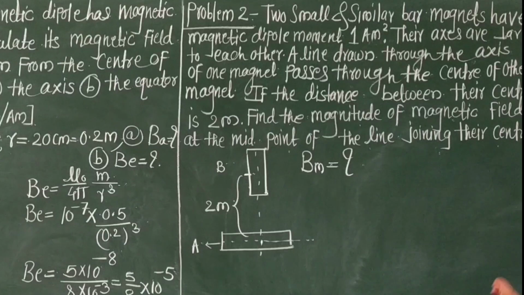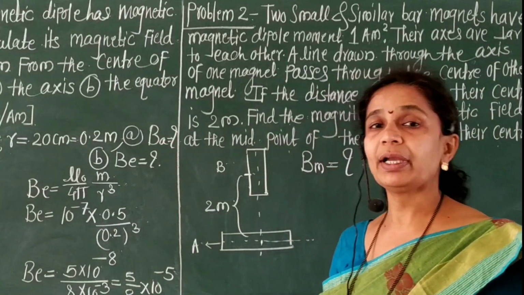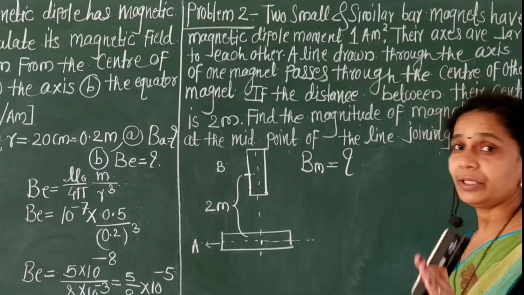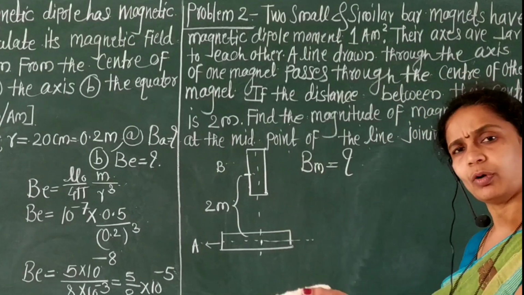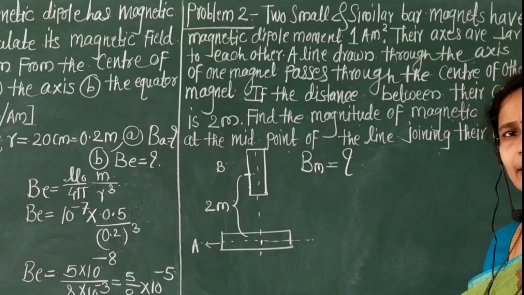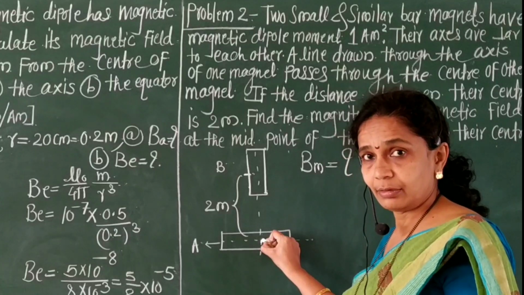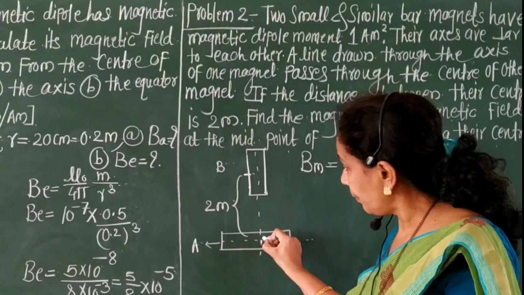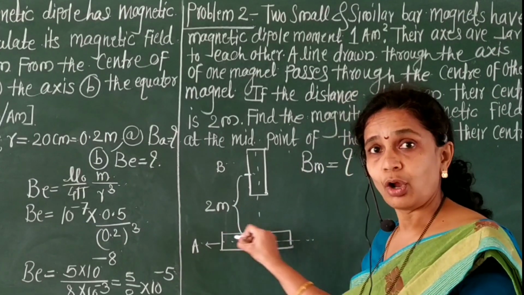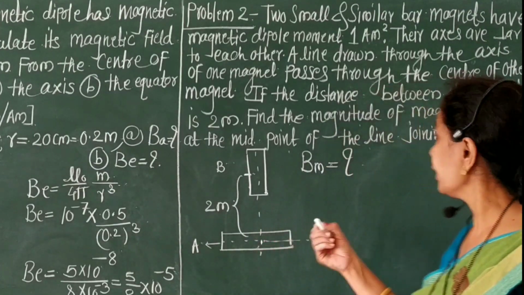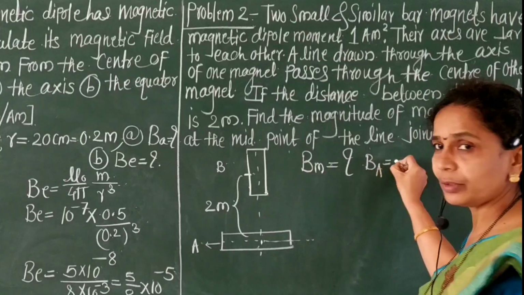Okay, both the magnets have same magnetic dipole moment 1 ampere meter square. Okay, you can say small m1 is equal to 1, small m2 is equal to again 1. Okay, then you can write the magnetic field at an axial point of bar magnet A is BA. What is the value of BA?